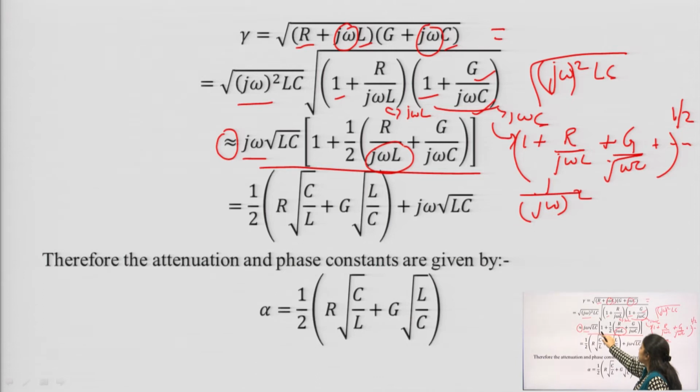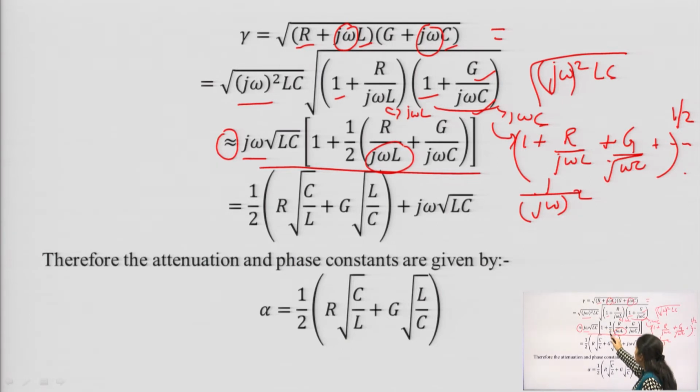So, by the binomial expansion, we take just the initial terms, because the higher order terms get cancelled, since we are calculating for the higher frequency in the gigahertz range.